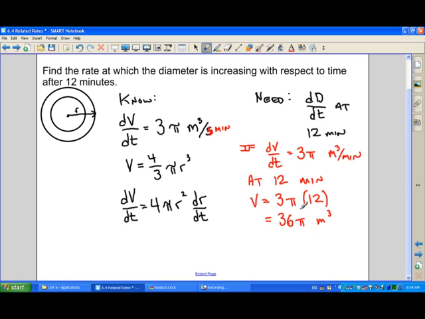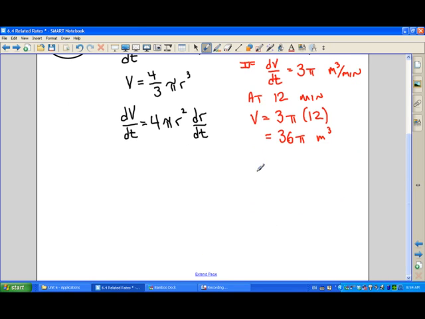If we know the volume at 12 minutes, we can also find the radius at 12 minutes. So the volume at 12 minutes is 36 pi, and that's going to be equal to 4/3 pi r cubed. And I can simplify this by isolating r.